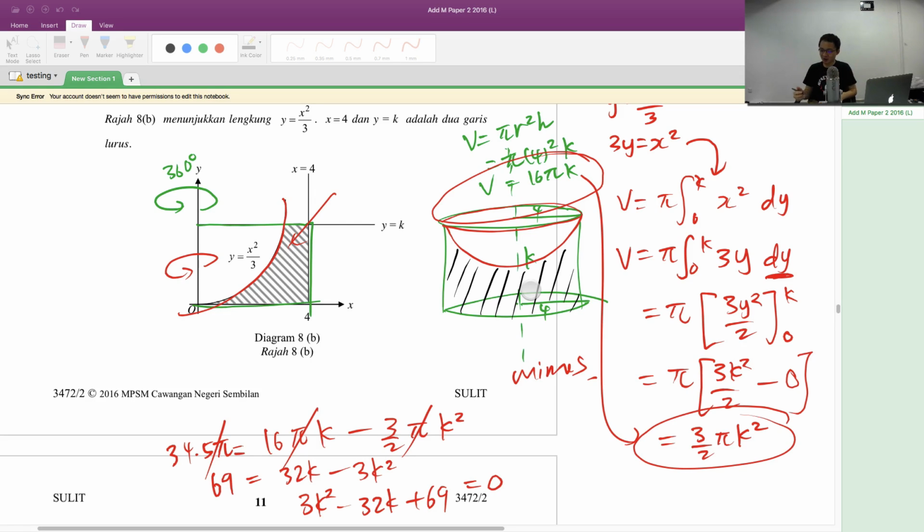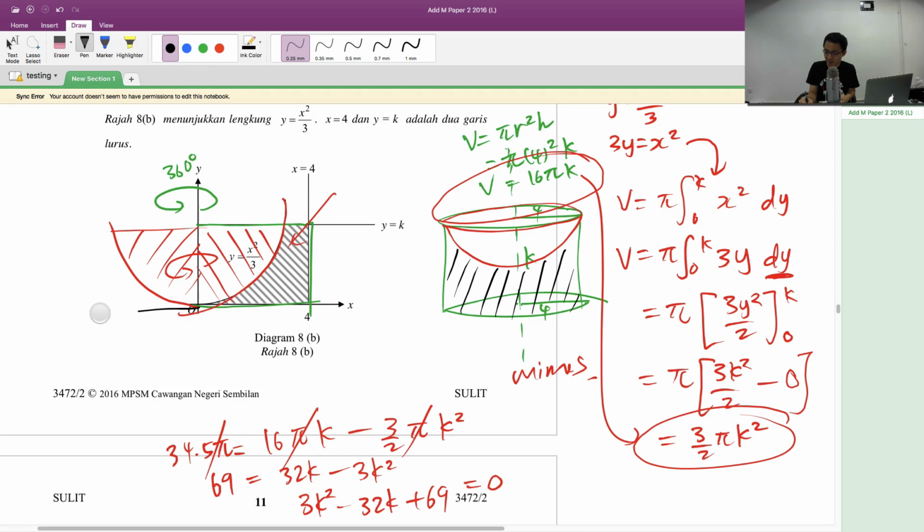Because if you integrate the curve, you can only get the volume which touches the y-axis. You can only get the volume here. But now the problem is the black color one actually is outside here. So you want to find the volume which is outside here. It does not look like this. It should look like this.